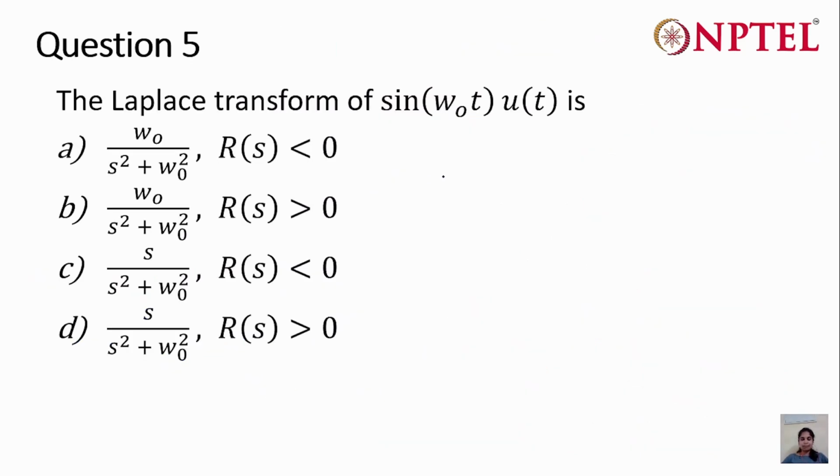Same way, what is the Laplace transform of sine of omega naught t into u of t? Option B, the same way what you told for the previous. Yeah, right.